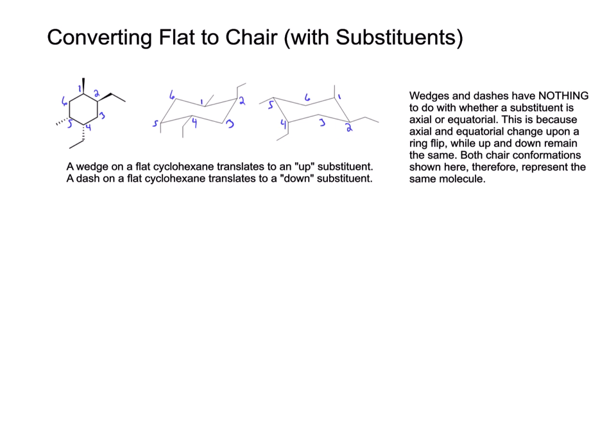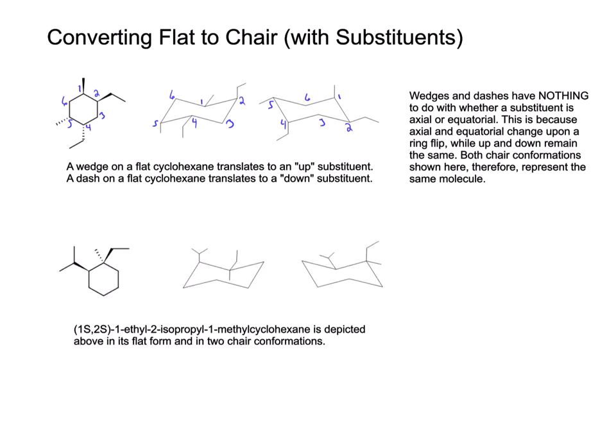This is because axial and equatorial can change upon a ring flip, while up and down always remain the same. Again, a wedge on the flat does not mean axial, it does not mean equatorial. It can literally mean either one, because if you do a ring flip, it's just going to switch. So again, wedge means up, dash means down, has nothing to do with axial or equatorial.